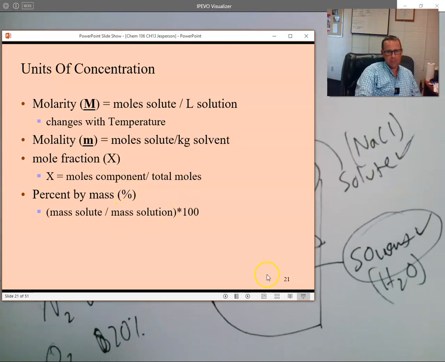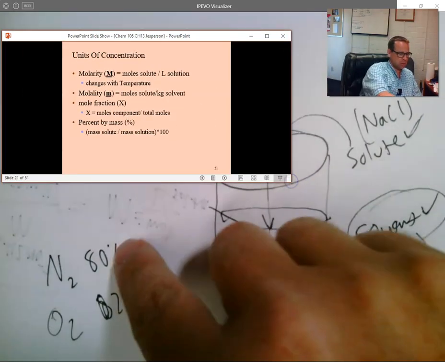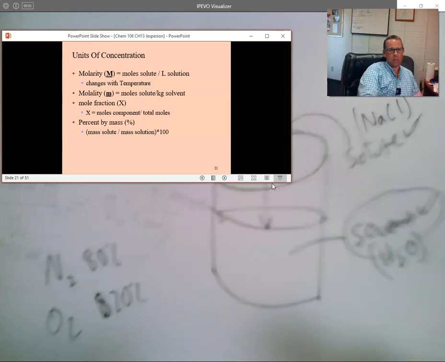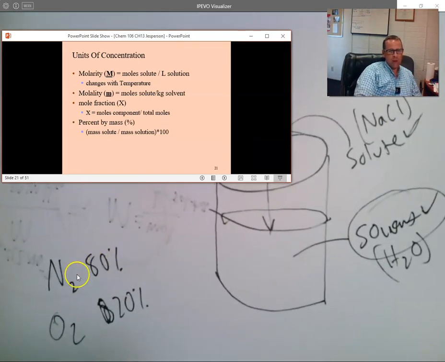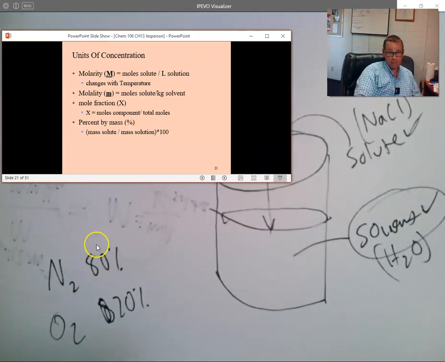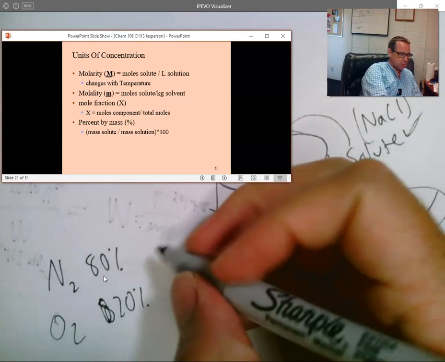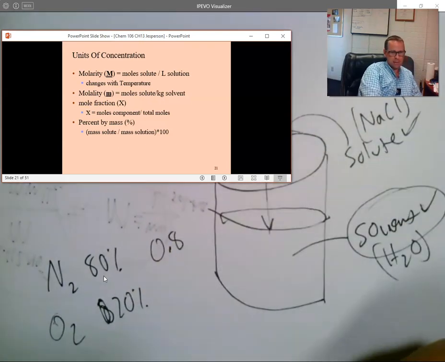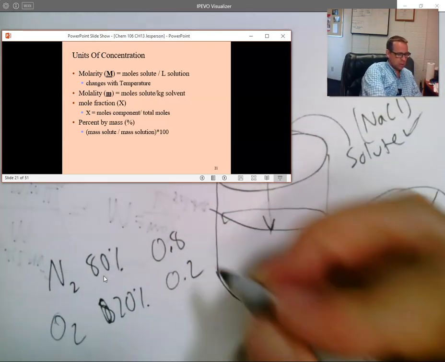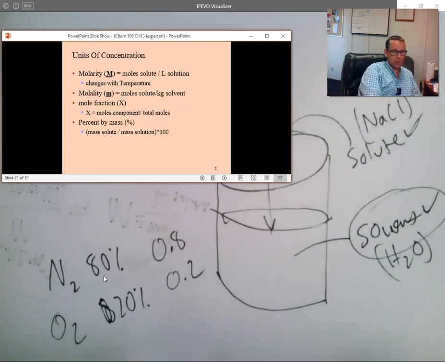Mole fraction. Mole fraction is the same as saying something like 50%, or like we just said here, this is a better example, 80% nitrogen, 20% oxygen in the total. This is not mole fraction, this would be mole percent. But when we talk about mole fraction, instead of saying 80%, we would say 0.8 and 0.2 for their mole fractions.